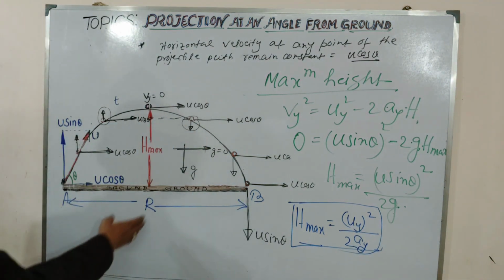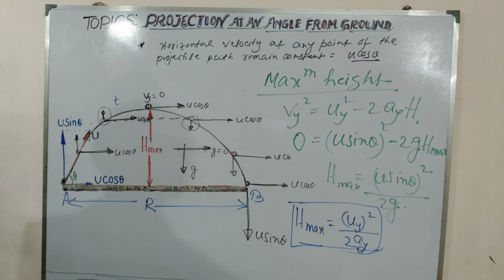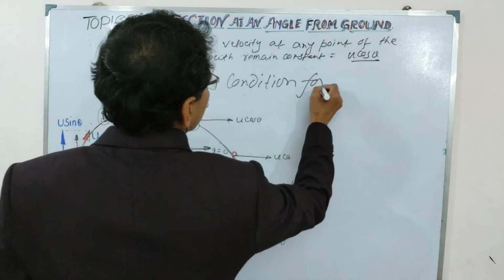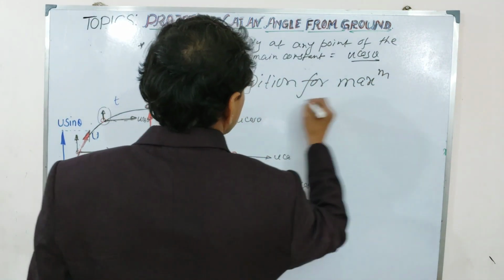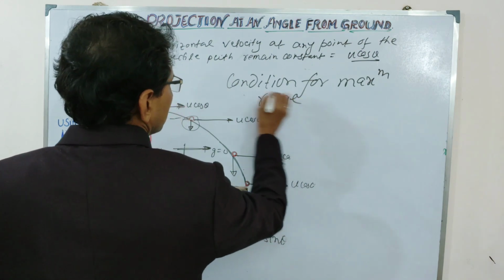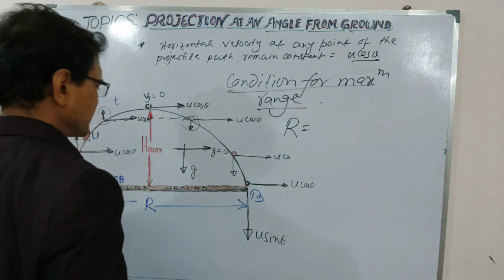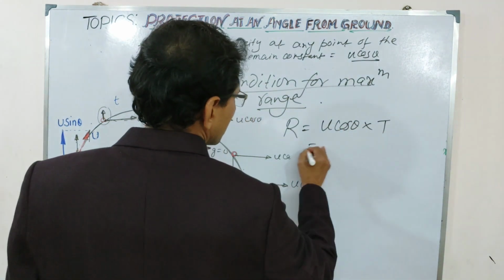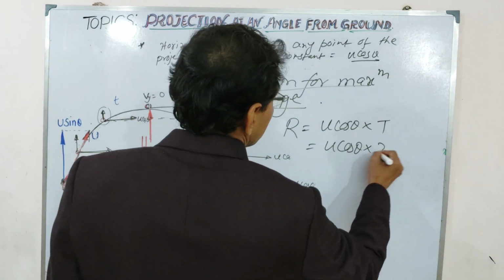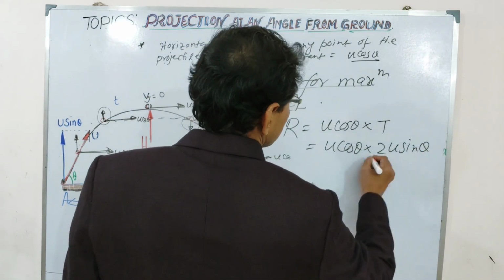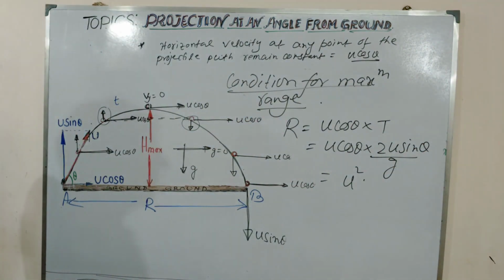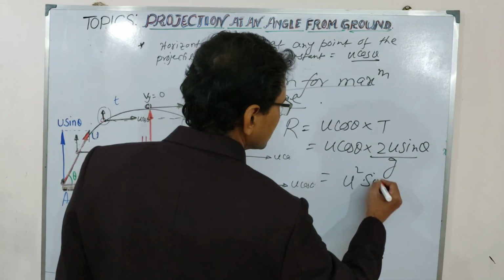So maximum height equal to this formula, and for general we can write this formula. Now condition for maximum range. Range equal to u cos theta into time of flight, u square into 2 sin theta cos theta is sin 2 theta.